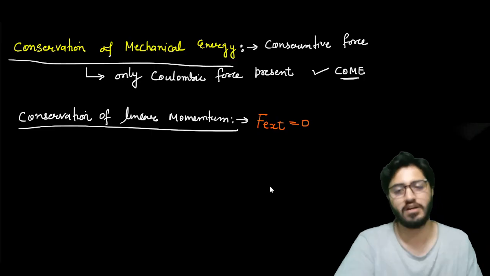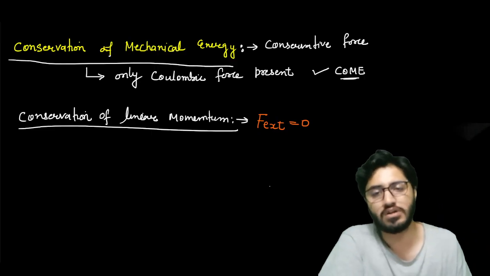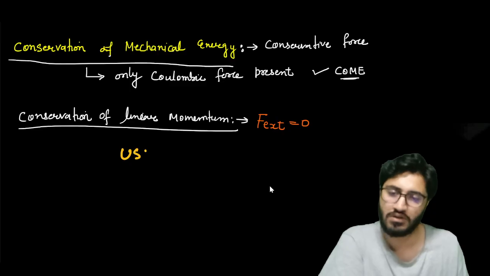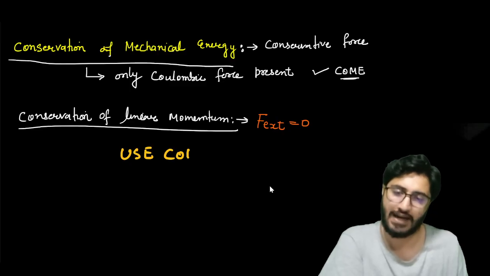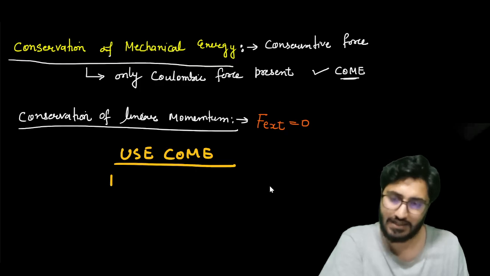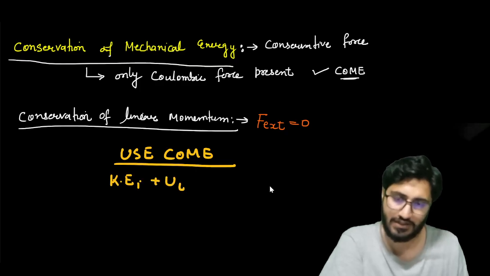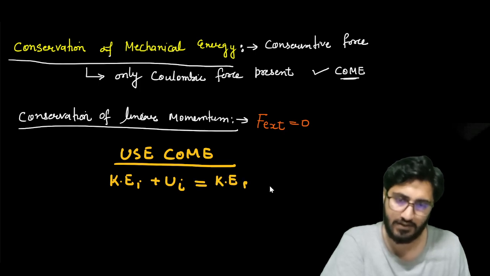Done? Okay. So let us now use conservation of mechanical energy. Can I write kinetic energy initial plus potential energy initial equal to kinetic energy final plus potential energy final?